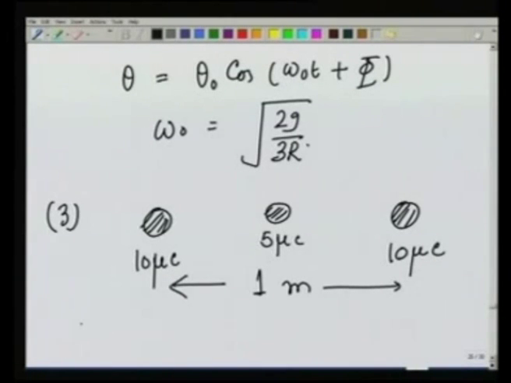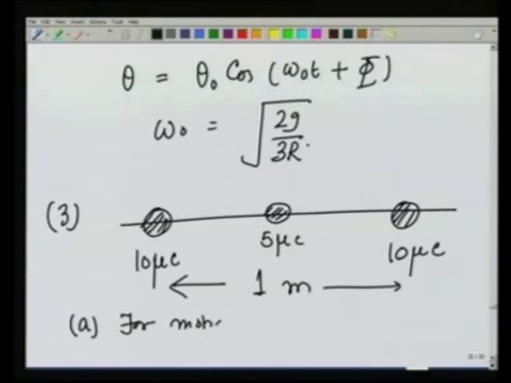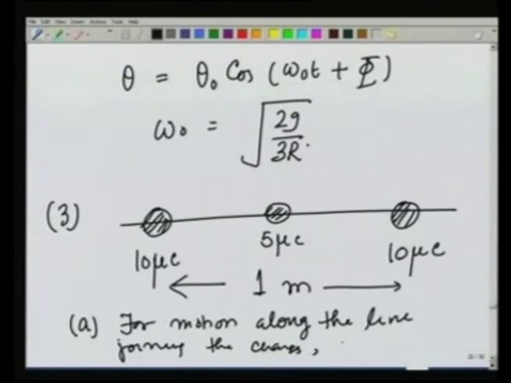I want you to show, number 1, for motion along the line joining the charges, the 5 microcoulomb charge is at minimum potential energy.